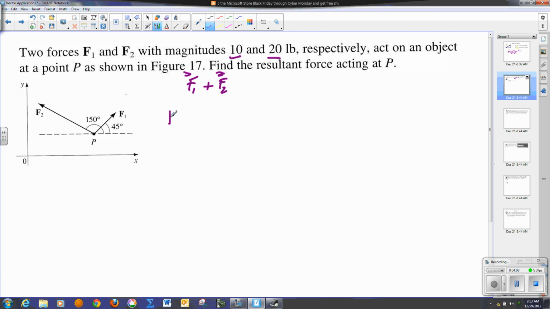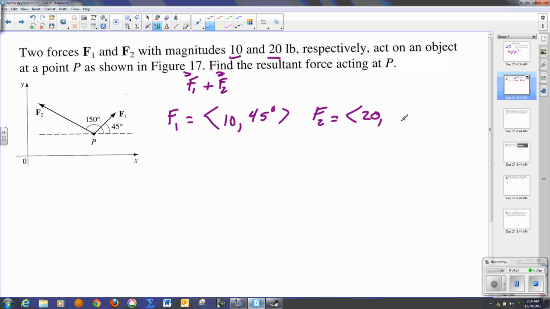First of all, force 1 is given to us by 10 and 45 degrees. And force 2 is given to us by 20 and 150 degrees. We're going to add these two vectors up.